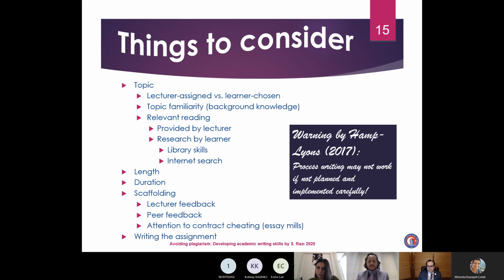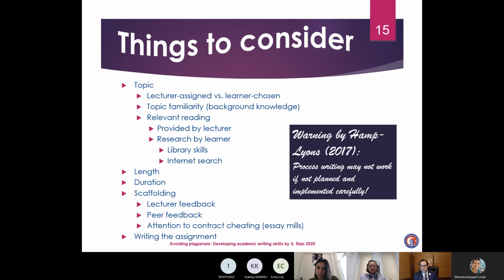In 2017, I attended a symposium on second language writing, and Hyland had a plenary speech there and warned all the delegates that the process writing approach may not work properly if not planned and implemented carefully. So what do we understand from careful implementation or careful planning?